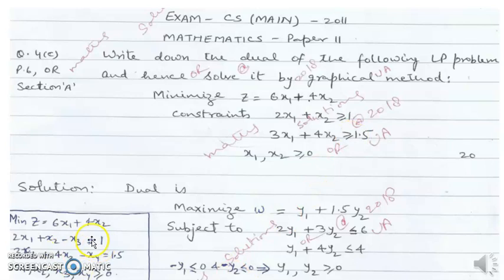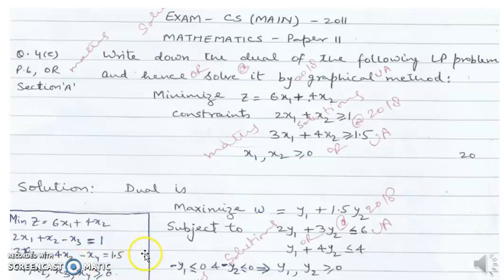Similarly, the second constraint is 3x1 + 4x2 - x4 = 1.5, again x4 is a surplus variable. In the objective function we write plus 0x3 plus 0x4, and x1, x2, x3, x4 are greater than or equal to 0. So this is our primal problem in the standard equation form.